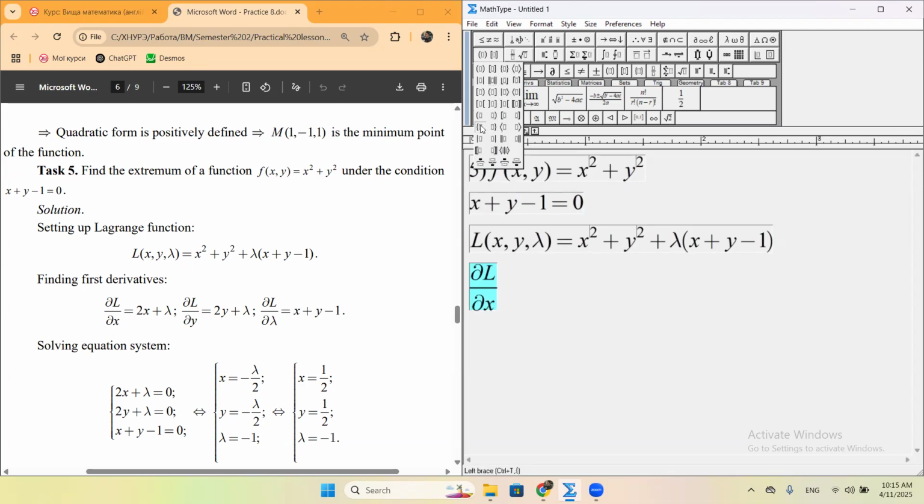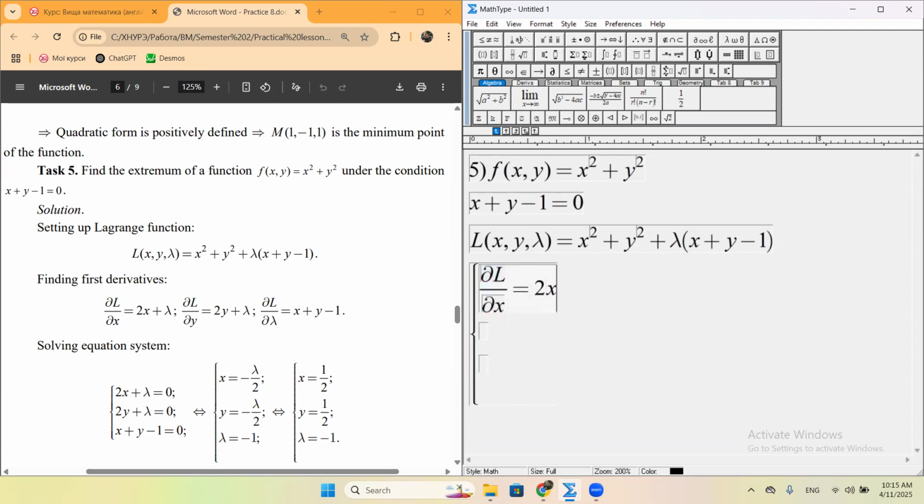Let's also set up the system of equations. So dL by dx equals 2x plus lambda. And what about dL by dy? It will be equal to 2y plus lambda.